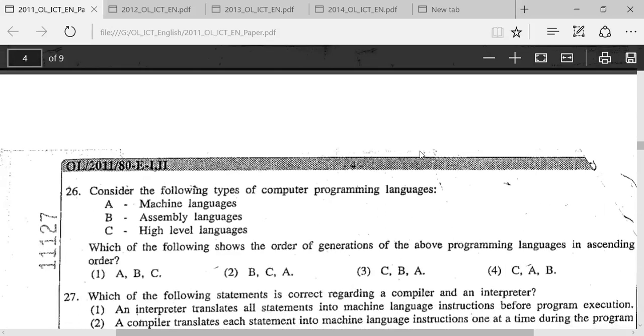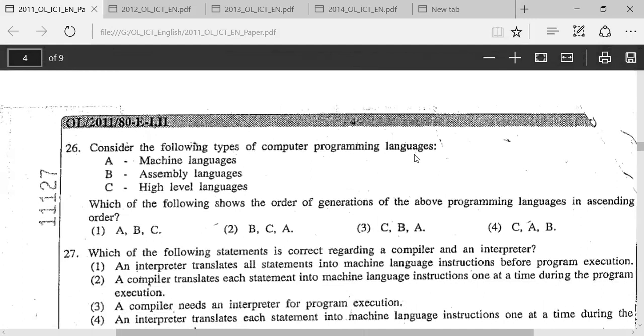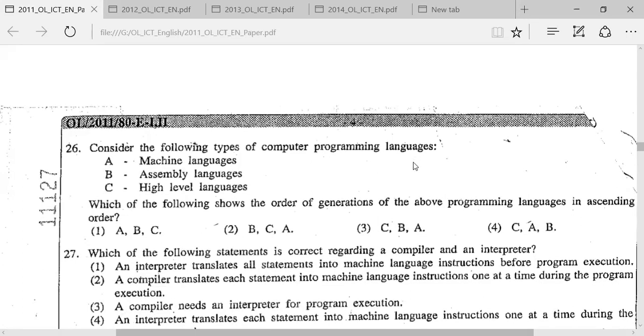Question number 26. Consider the following types of computer programming languages: machine languages, assembly languages, high-level languages. I already explained these in our class. There are two types of programming languages: low-level language and high-level language.